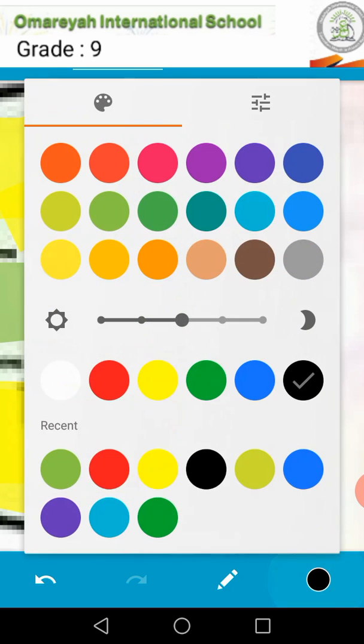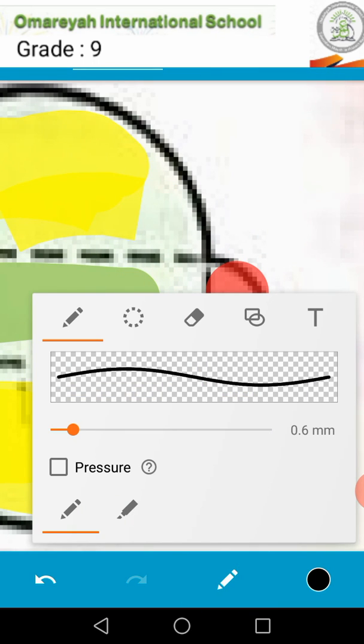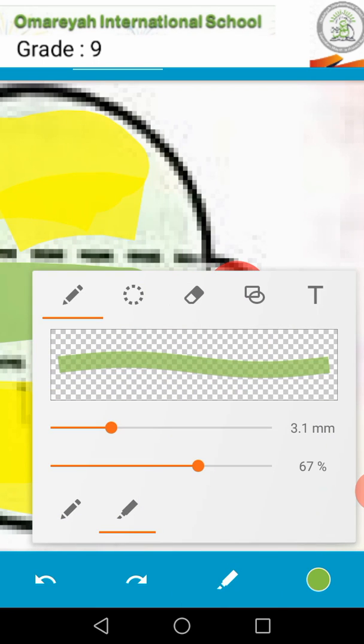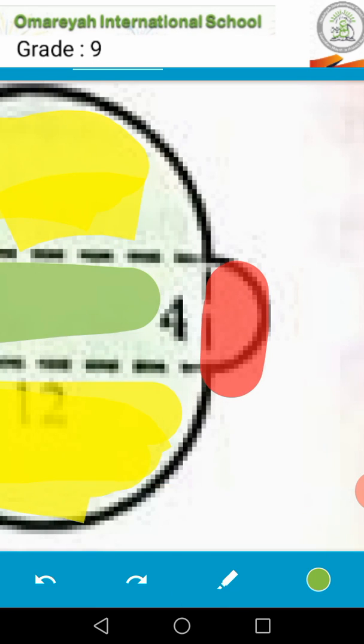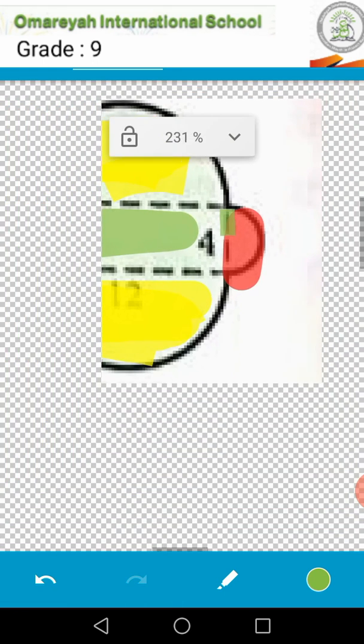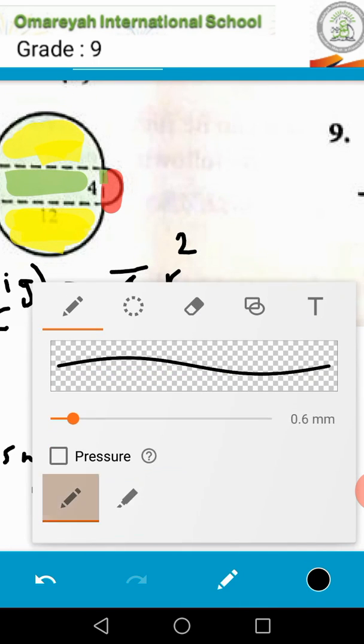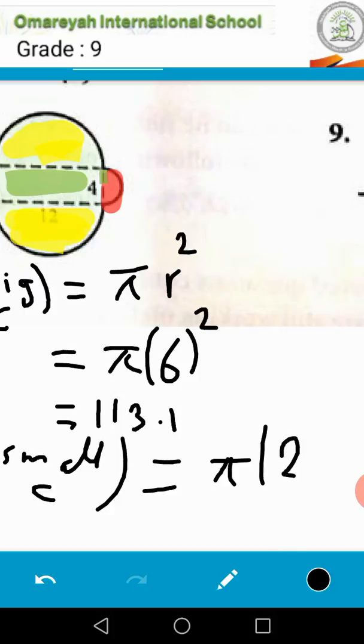I want the radius, so this is the radius of the circle. I hope it is clear. So this is the radius. The radius is 2. So you have to write 2 squared. 2 squared is 4 pi.